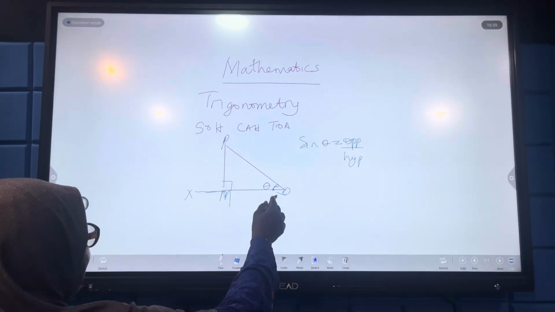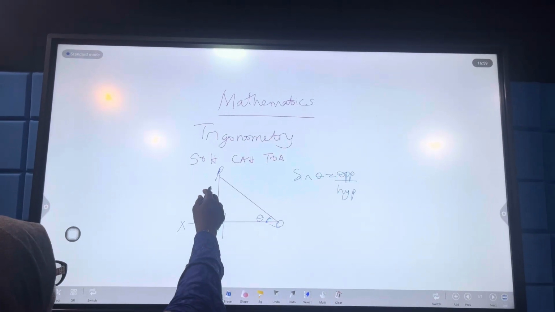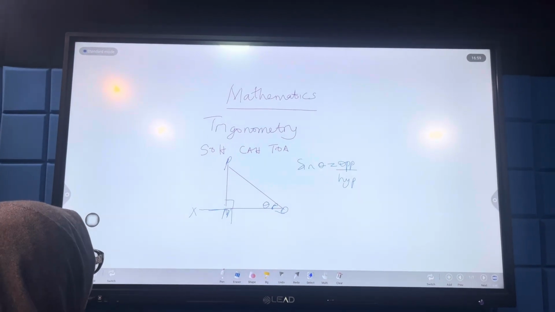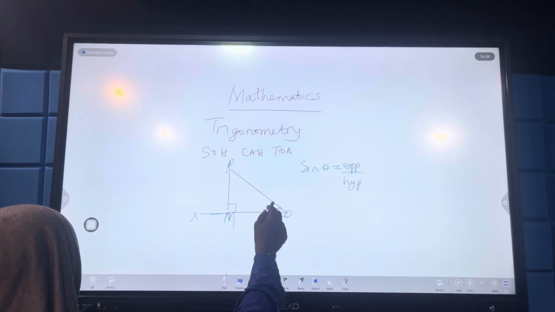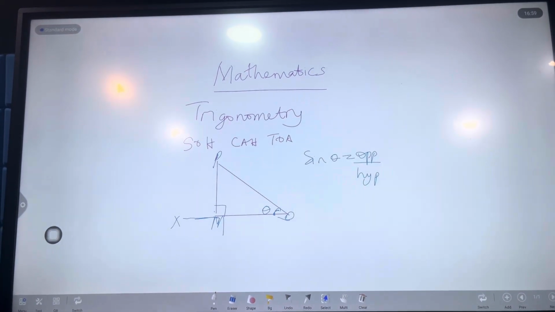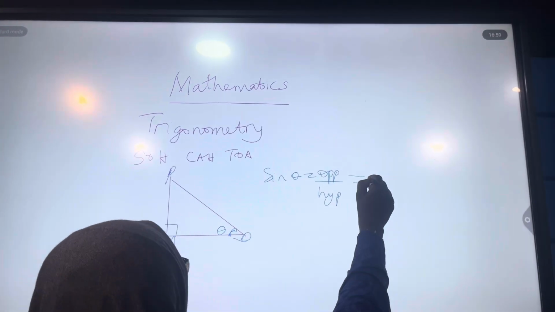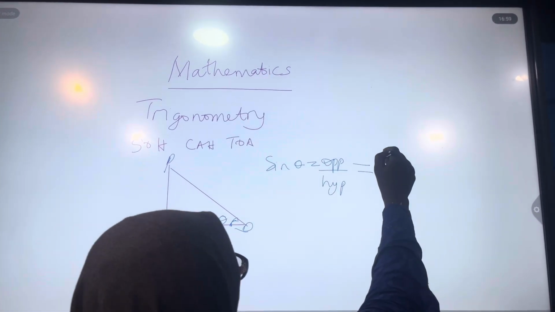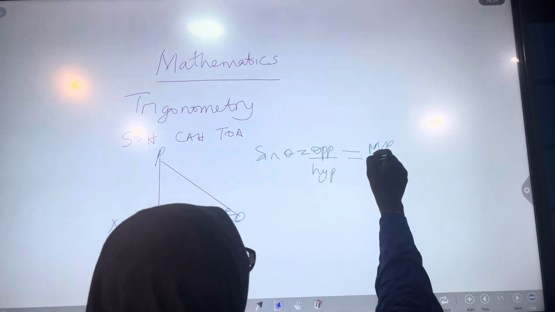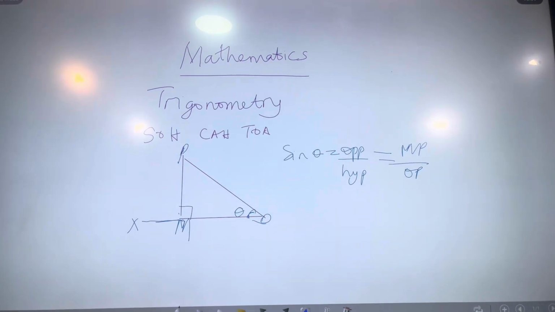The opposite here is this side, which is PM, over the hypotenuse. This is our hypotenuse side, which is OP. So we have MP over OP. To determine sin theta is like that.